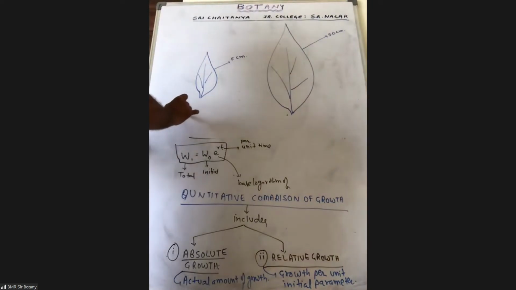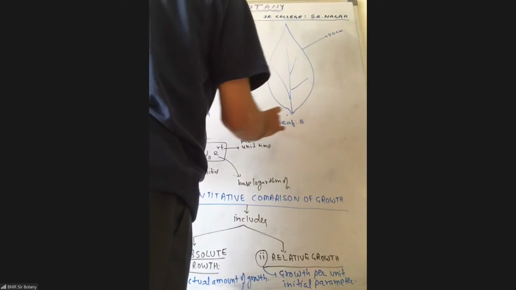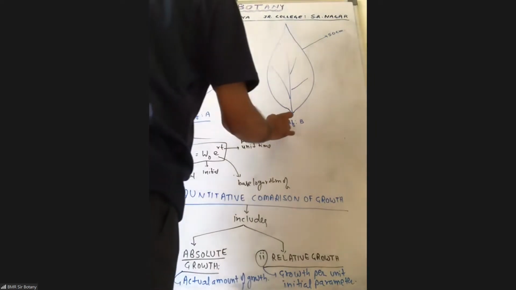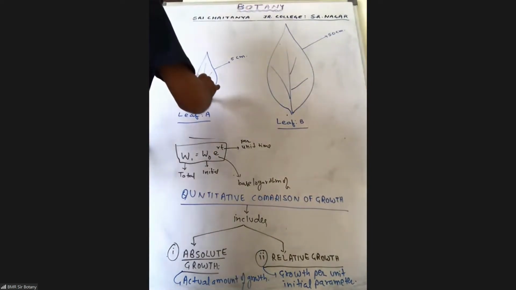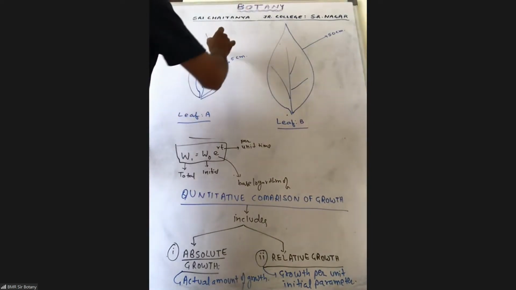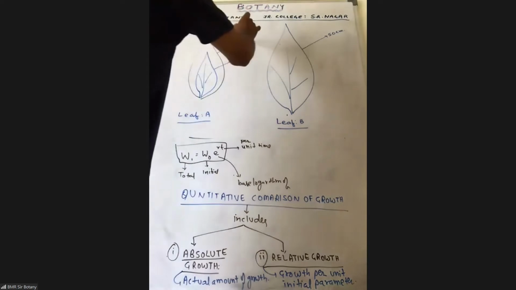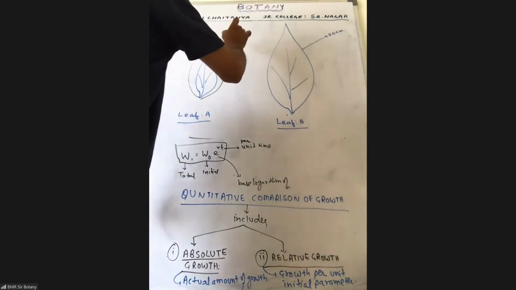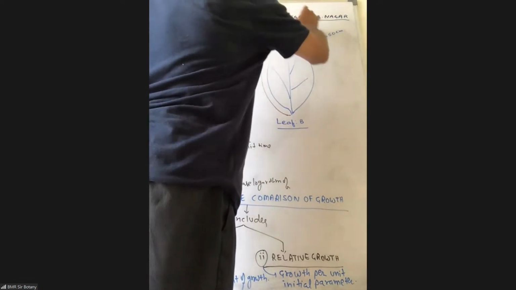This is leaf A, let us take, and leaf B. Now, in leaf A, growth per unit time is observed as reaching 10 centimeters. In leaf B, reaching 55 centimeters.